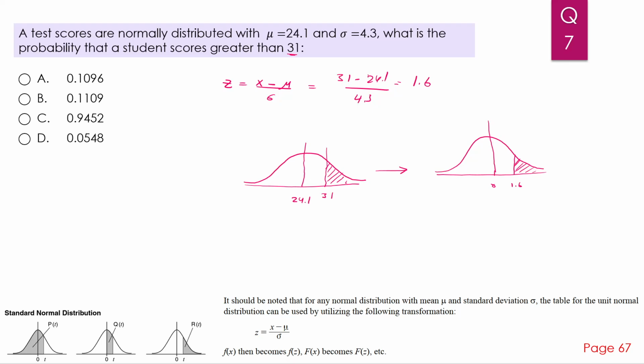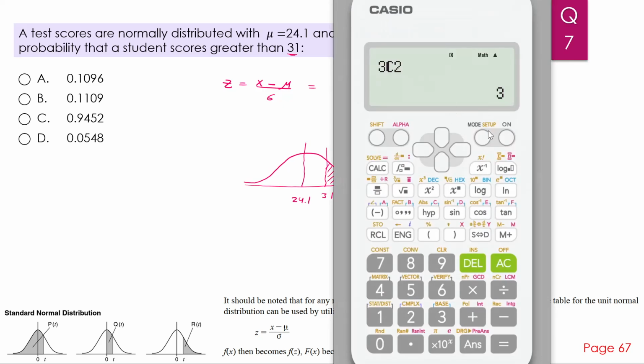Now, if we don't want to go to the z table, it's there already in your calculator. So you go to your statistics, number 3, you press number 1, then after that AC, then you go to shift, stat, then you go to distribution, number 5.